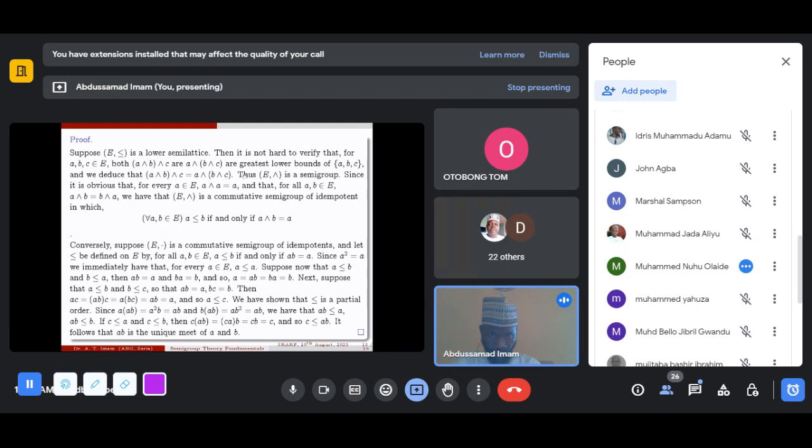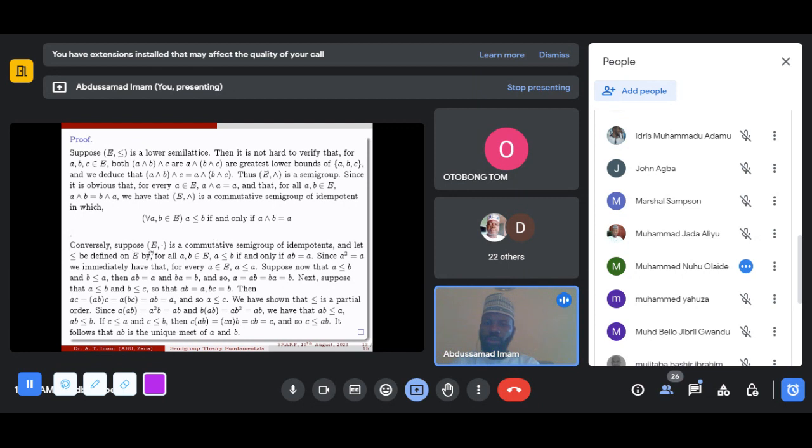And so you have associativity and a semigroup. You can easily check that if you take the meet of A with A, it is A. So members of the semigroup are idempotent, and the operation of taking the meet is commutative. So you have a commutative semigroup of idempotents, and this formula is also easily checked.